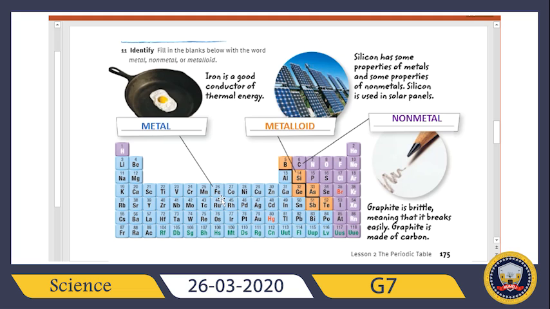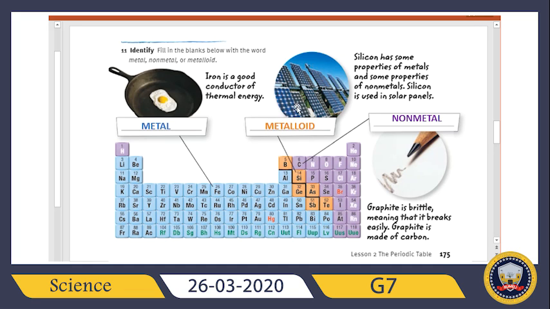It's a metal, and we actually use iron a lot to conduct electricity and heat. When we consider the place of iron on the periodic table, we can see that it is on the left hand side, so it's also a metal just by considering its place.